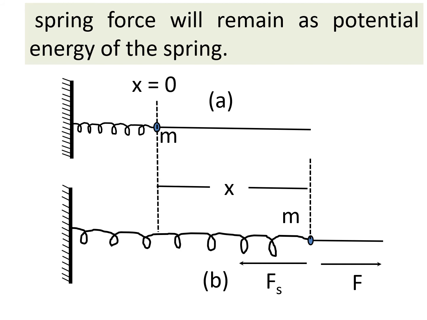That means the work done against the spring force will remain as potential energy of the spring. Now look at this figure. You can see a spring, its initial position x equal to 0, mass m, after extension x, F is the applied force and Fs is the restoring force by the spring.